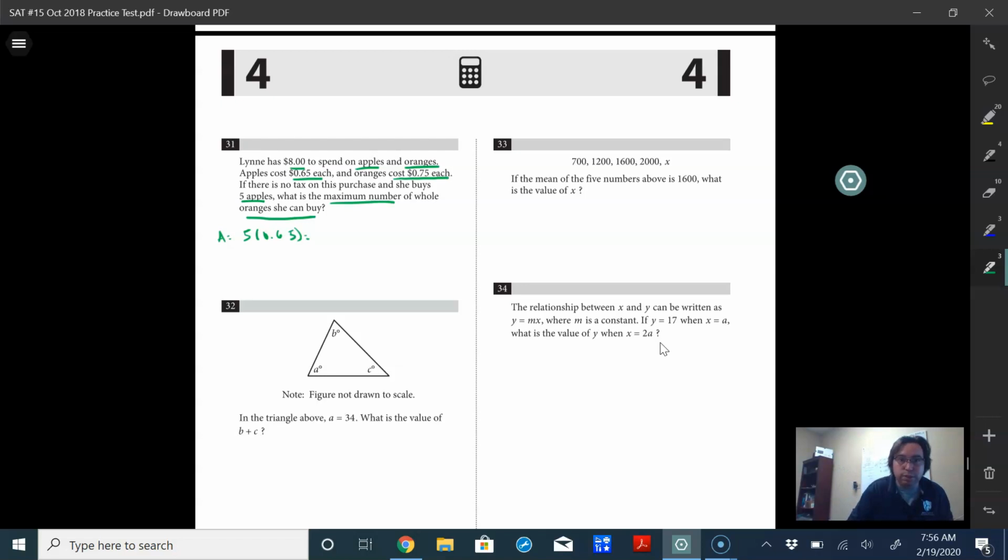So 3.25 is what she spent on apples, and we want to know how many oranges she can buy at 75 cents each. So we figure out the difference: $8 minus 3.25 gives us 4.75.